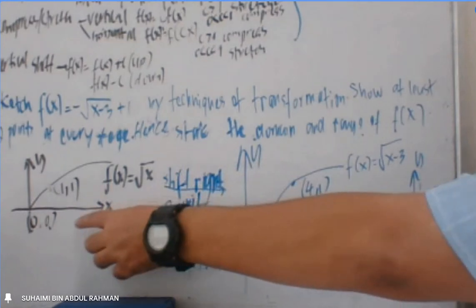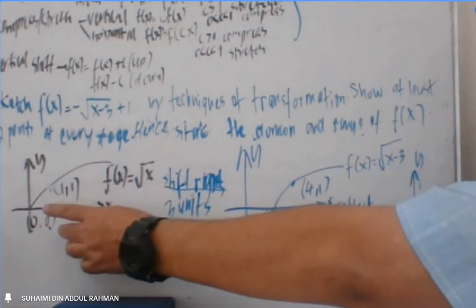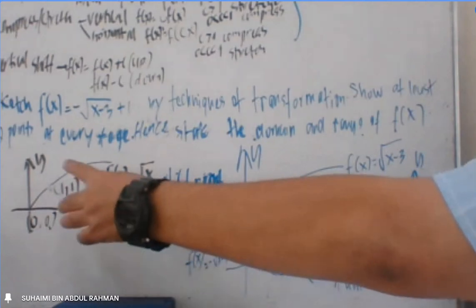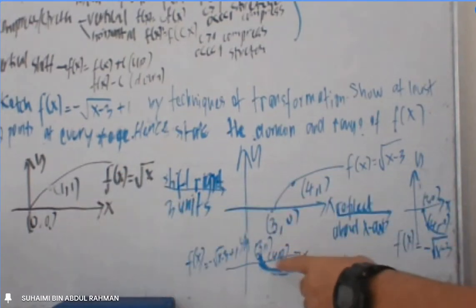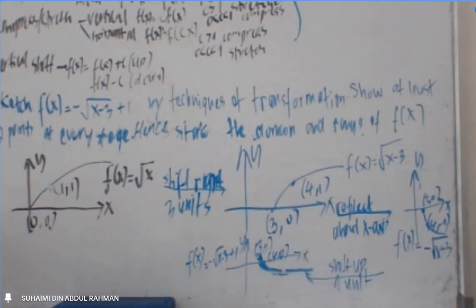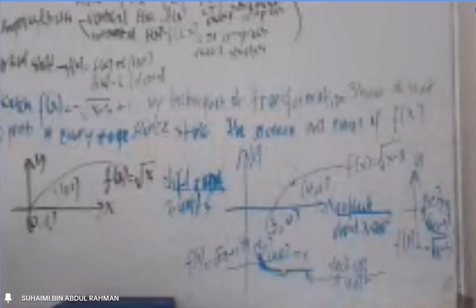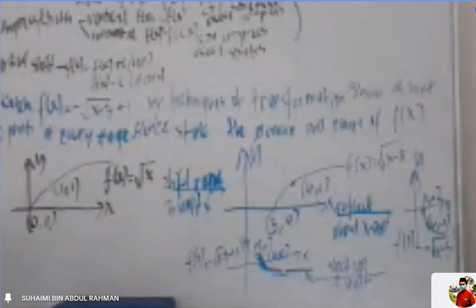And we see the movement of these 2 points, 0, 0 and 1, 1. At the end, these 2 points become 3, 1 and 4, 0. Nearly the same, or we can say almost the same. What makes it different? Points. And when we talk about points, it's supposed to be x and y, not only one.